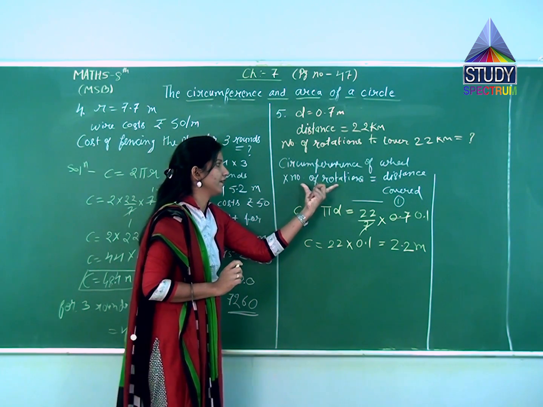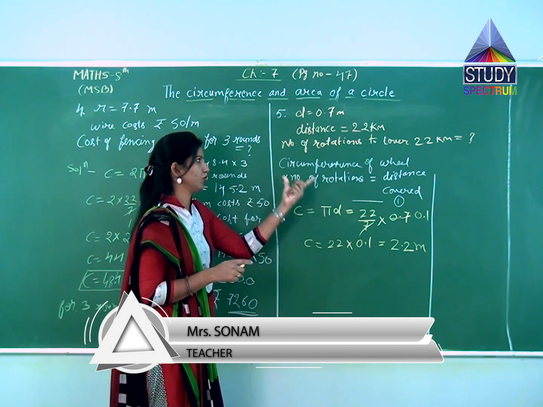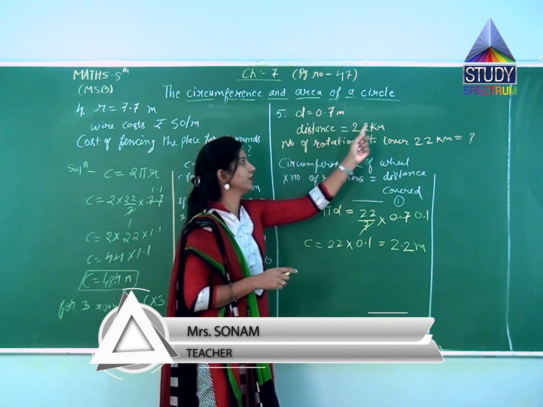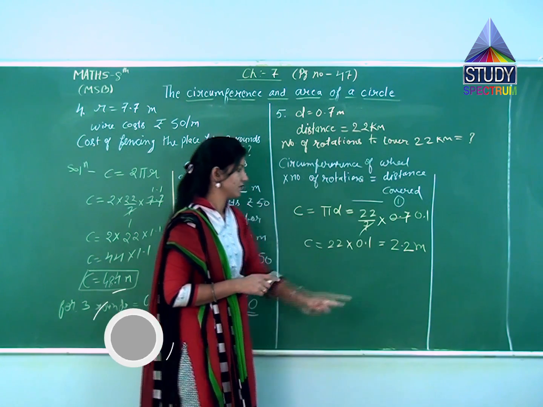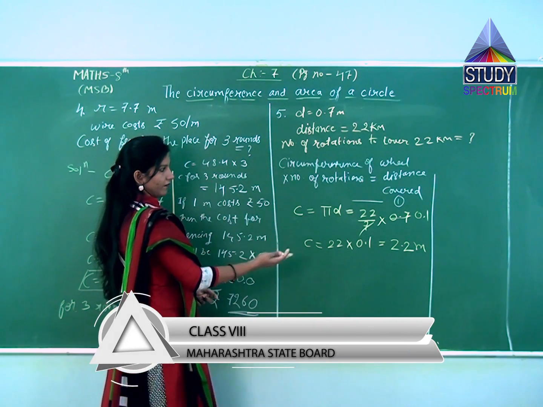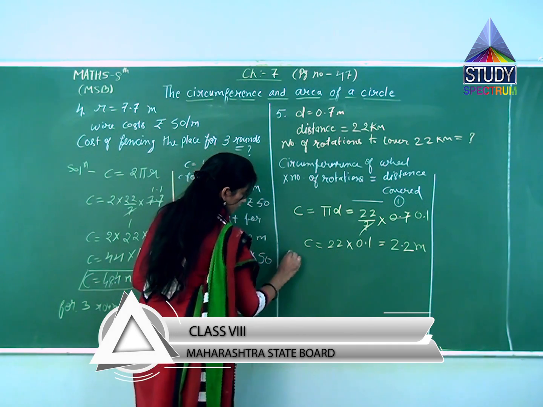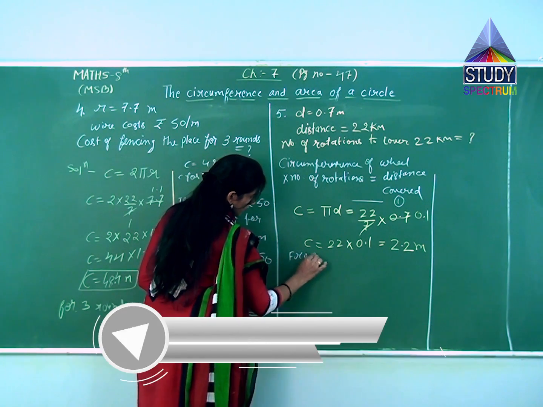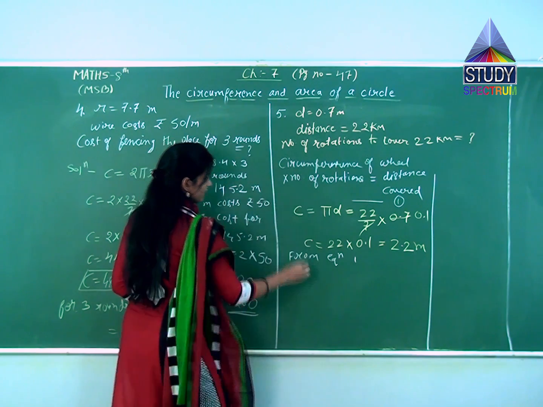Next, the number of rotations. We don't have the number of rotations because we have to find the number of rotations to cover a distance of 22 kilometers, which means we are given the distance covered. So let's put the values in equation number 1. What is equation number 1?